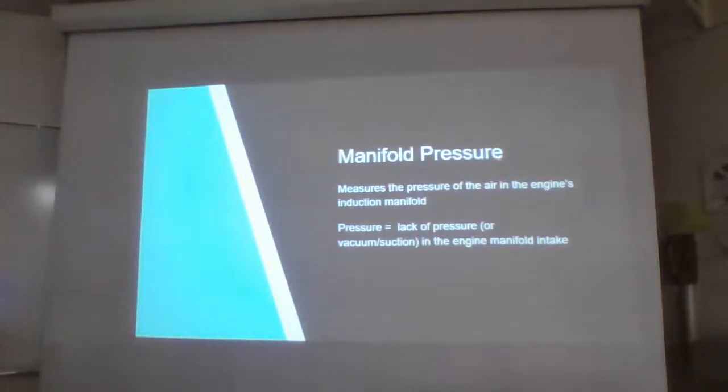But what the manifold pressure gauge actually measures is the lack of pressure, or the vacuum or suction in the engine manifold intake. That's something you should know as an AMT, as a maintainer. This gauge does read pressure, but it's actually programmed to read the lack, or the suction pressure, of that manifold intake.